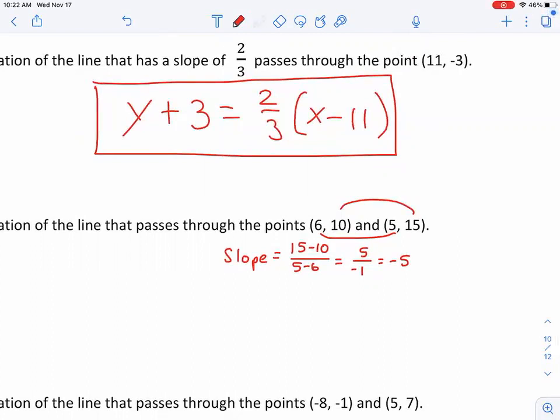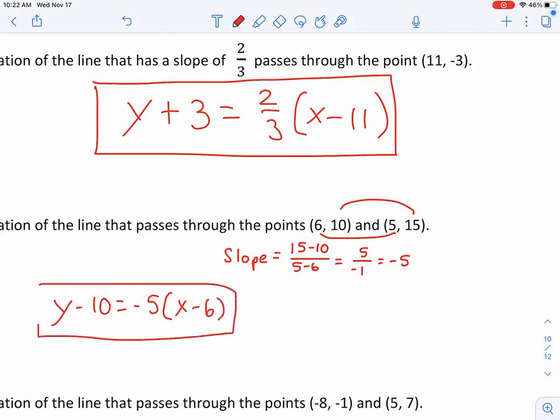So if I want to use this first point, okay, then my x will be 6 and my y will be 10. So one possible answer is y minus 10 equals our slope, which is -5, times x minus 6.